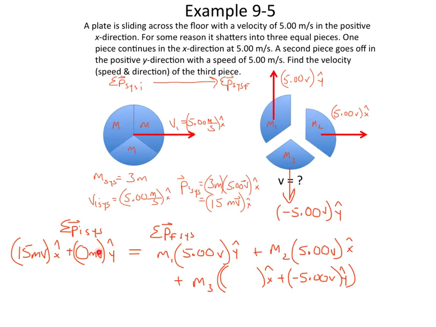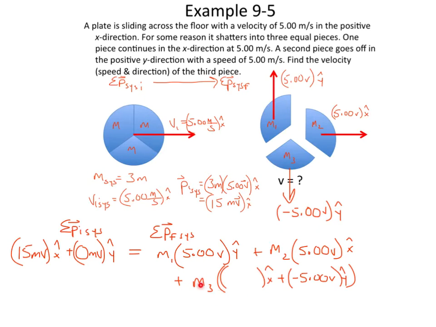Okay, so all that's left is now to make sure that we have 15 mass times velocity units in the x direction. All right, well, look at mass 2. We've got 1 mass and 5 velocity units in the x direction. On this side we've got 5 mv. Over here we've got 15 mv. So that means we need to make somehow 10 mv right here. Well, we can't change the mass.